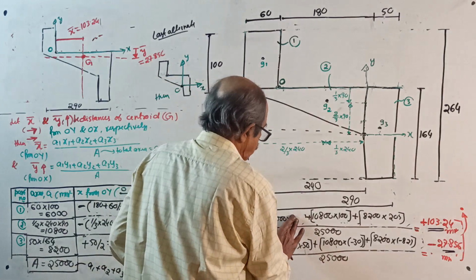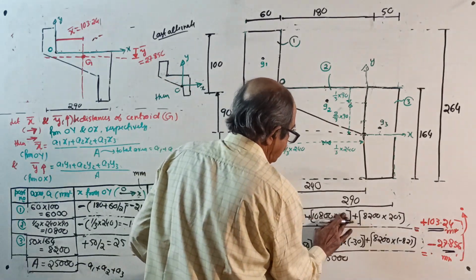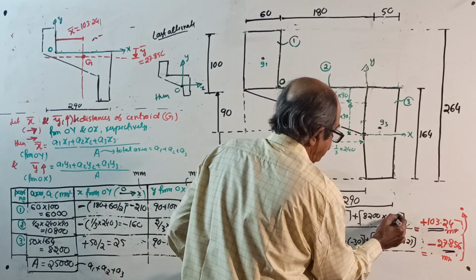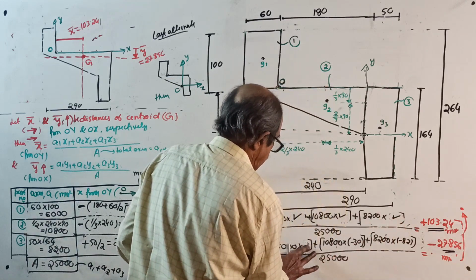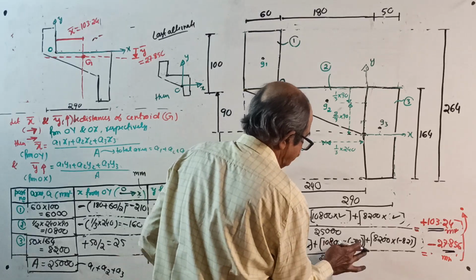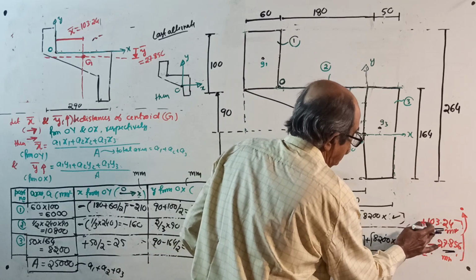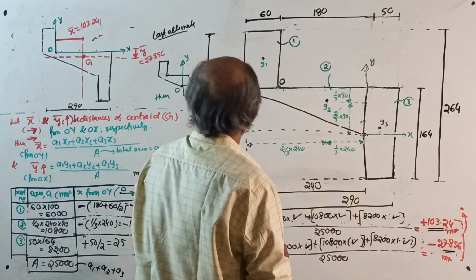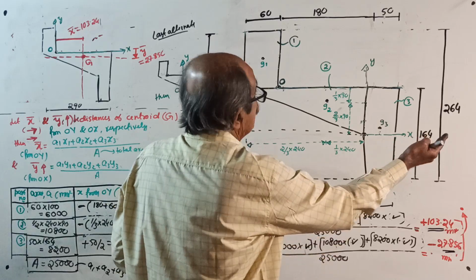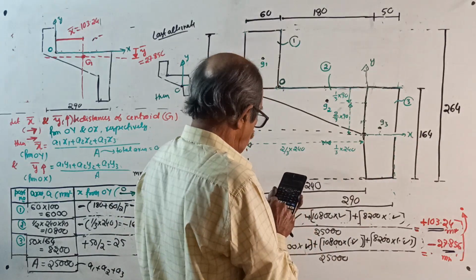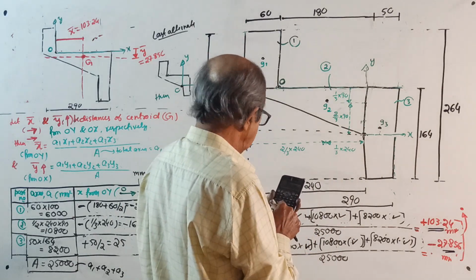Now we substitute. A1 x1, A2 x2, A3 x3, and A1 y1, with minus meaning minus, plus meaning plus, A2 y2, A3 y3. Your x bar, y bar will come. Surely I will tell you, from right side we got how much? 126.76 you got.